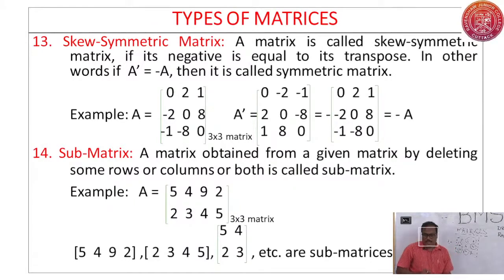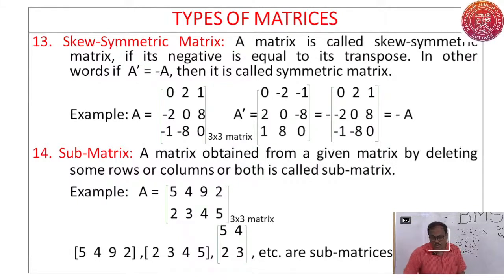In the example I have given, 0, 2, 1 is the first row, the second row is -2, 0, 8, and the third row is -1, -8, 0. Now if we transpose it, the first row becomes the first column, so 0, 2, 1 is the first column.